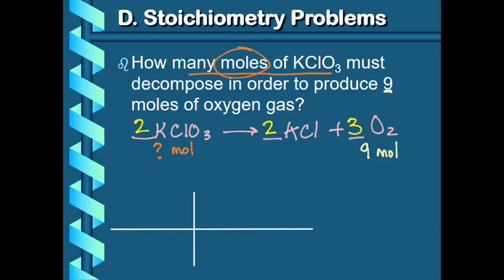All of our stoichiometry problems will start off with one substance and ask you to convert to a different substance to find out some information. That's going to be the importance of everything that we do here.